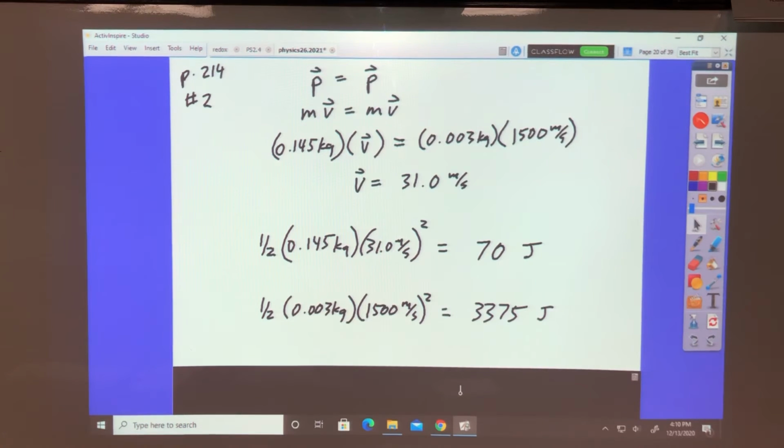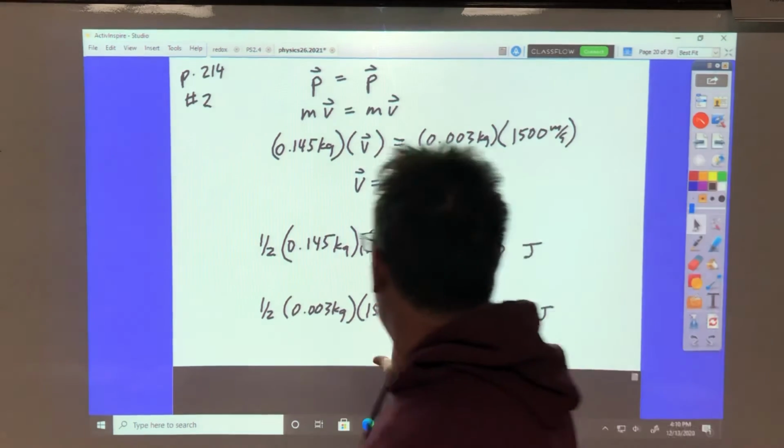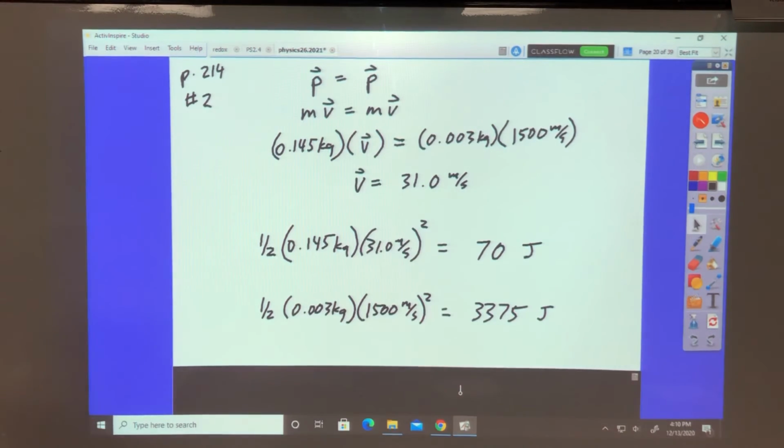I'll get my calculator out. But the bullet's is much greater because the velocity of the bullet is much greater. Square 1500, that's a large number. 31 times 31 times 0.145 times 0.5. Yeah, 70 is okay for the baseball.